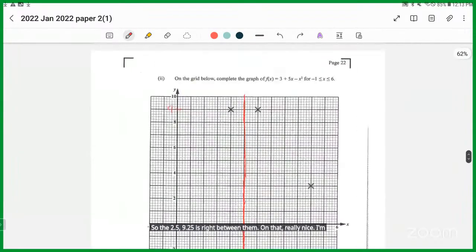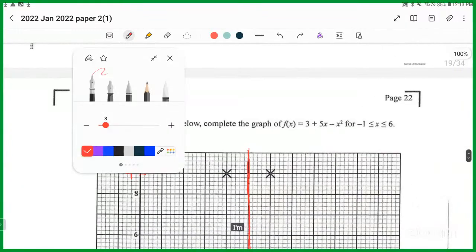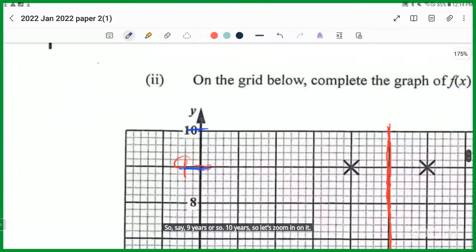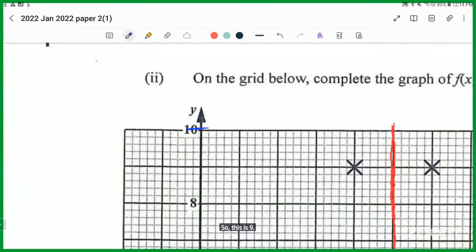So I'm going to estimate where 9.25 would be, and mark it in purple or blue. It's 9 here and 10 here, so let's zoom in on it. 9.5 would be halfway, and halfway between 9 and 9.5 is where 9.25 is. So 9.25 will be about here.